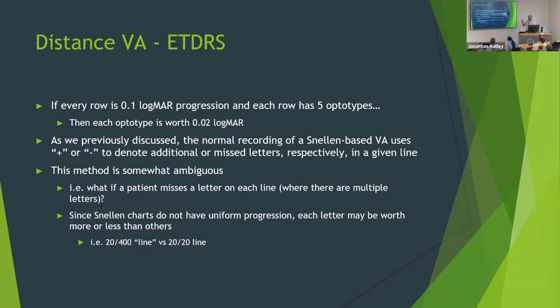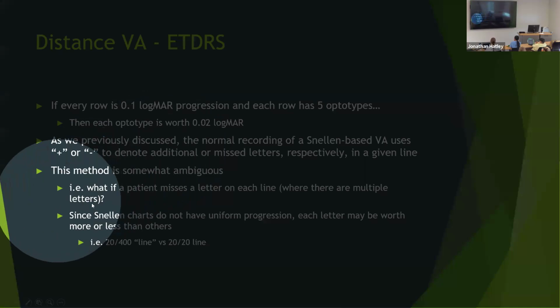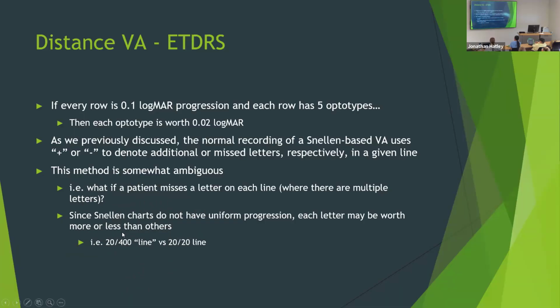It doesn't matter which line it is. Therefore we can either consolidate all the letters and just say the patient read 35 letters total, even though they missed some on their way down the chart, or we can do a mathematical function that we'll see in just a second to determine their exact, precise visual acuity. And this is what I was talking about: what if a patient misses letters, that sort of thing.